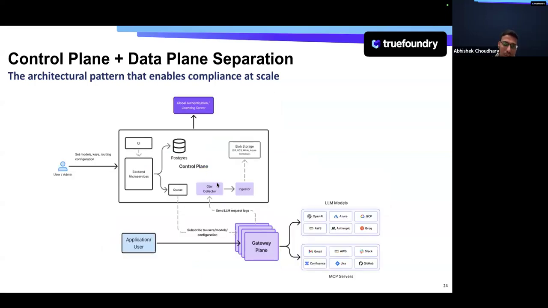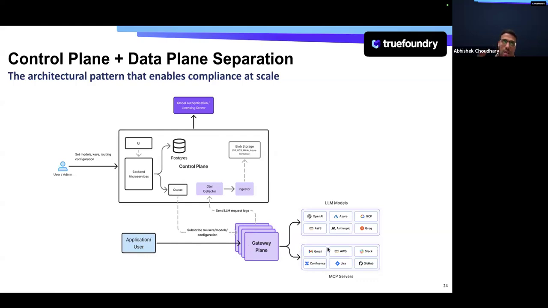The route that TrueFoundry has taken, which enables this, is a concept of a control plane and a gateway plane that I highlighted earlier. All your actual requests go to the gateway plane and then go to the models and MCP servers. So there is no hitting the control plane in the active path of the requests. Everything happens within the gateway in the same region, so your application traffic never hits the control plane.